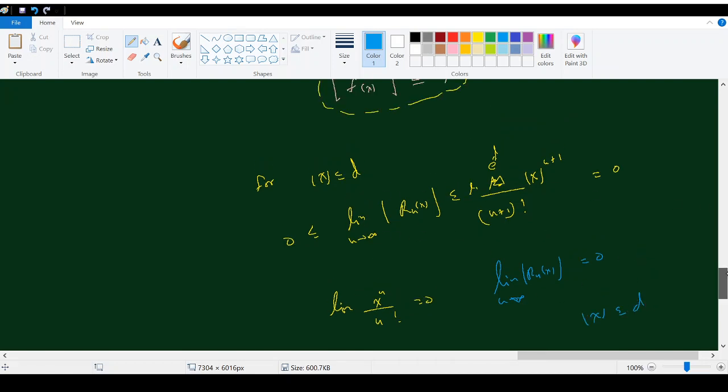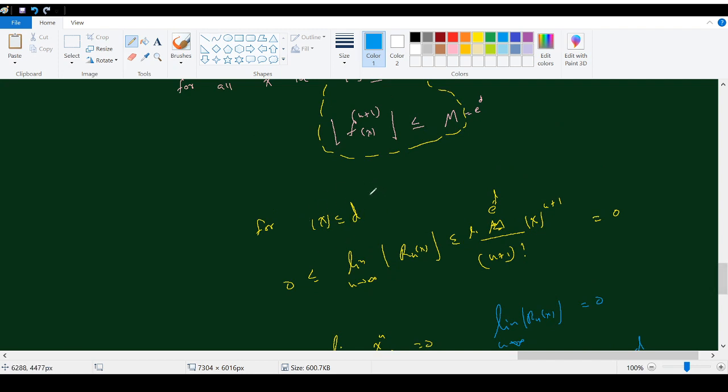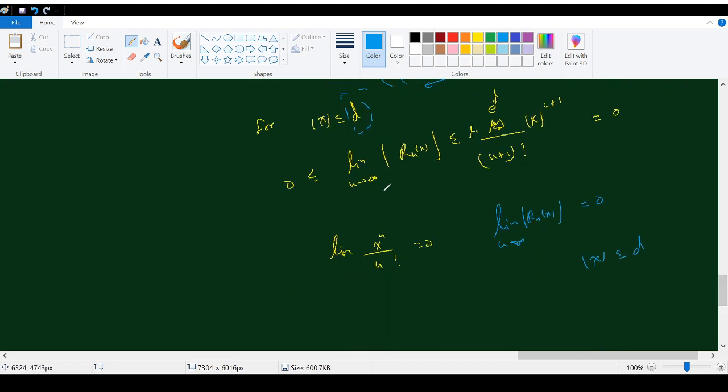And since you can do this for any d, choosing a d means we restrict the values of x that we are considering. But since we can expand this range, this result will be true for any value of d that we consider. So in other words, this result is true for any x value.